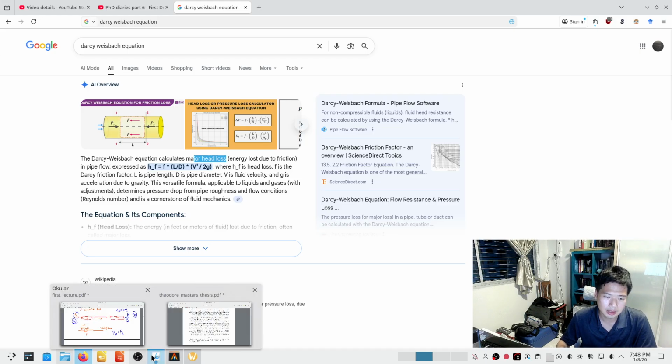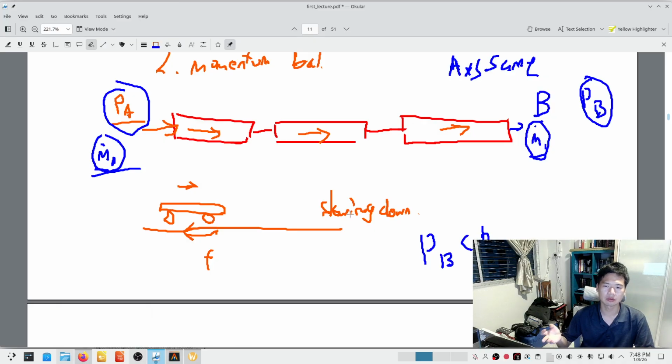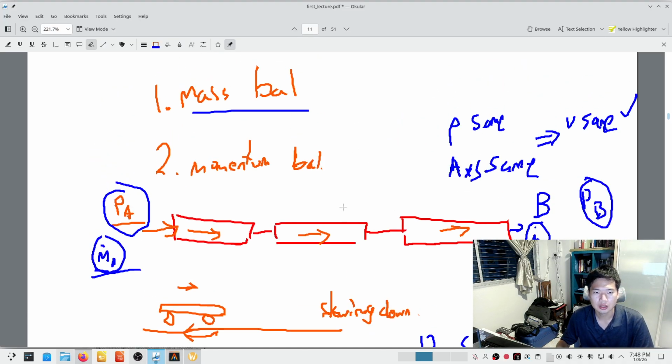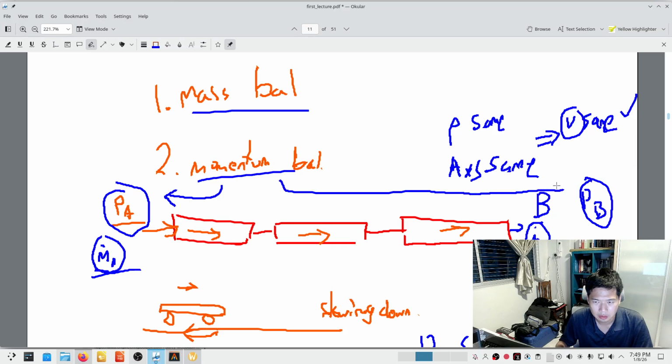There are other kinds of losses as well, but a lot of them have to do with the friction in the pipe. So for the momentum balance, yes, you have the same mass flow rate and the same velocity, but the momentum balance will also tell you that the pressure of the fluid is actually lost as the fluid flows through the pipe.